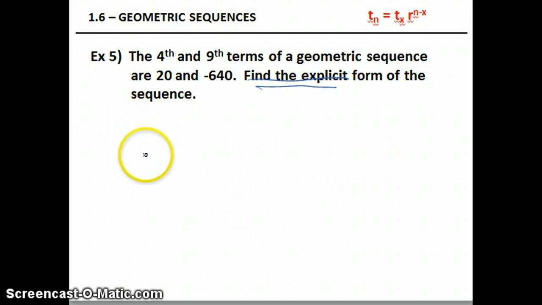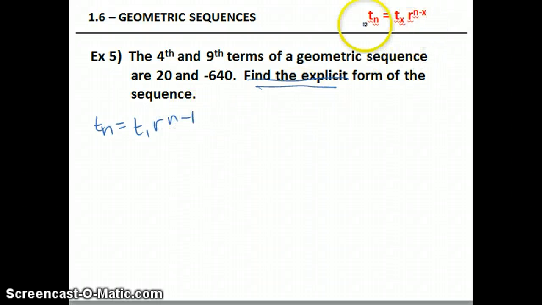So if we've got the 4th and 9th terms, what do we need to do to find the explicit form? We are going to have t sub n equals t sub 1 times r to the n minus 1, or we can use this formula right up here. It's not all that hard. But what we are going to need is an r.